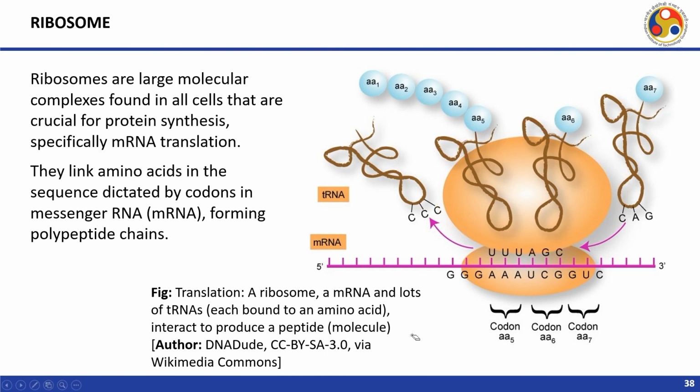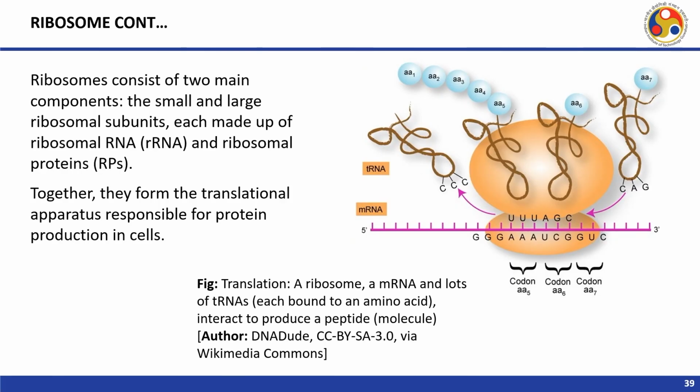We will discuss it a little bit in detail. These ribosomes consist of two main components, as I already told, the small and large ribosomal subunits. They are made up of ribosomal RNA and ribosomal proteins. Together they form the translational apparatus responsible for protein production in cells.